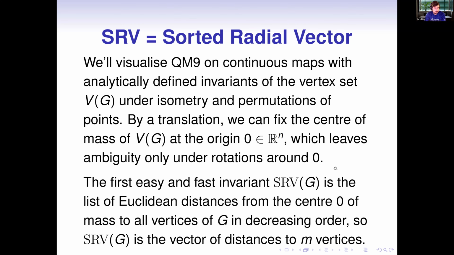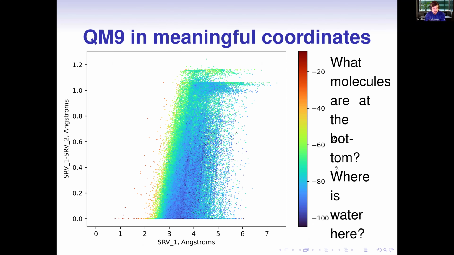So already using this SRV invariant, SRV1 was the distance from the origin to the molecule that is furthest away, and SRV2 was the second furthest molecule.